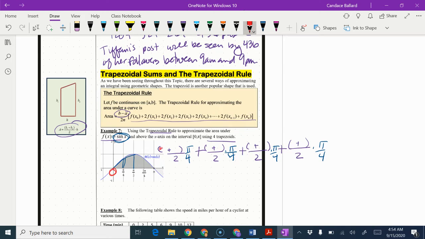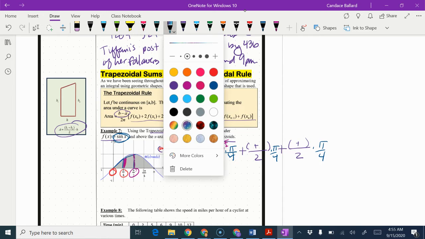So I'm going to have sine of 0. And then I'm going to have sine of pi over 4. And then I'm going to repeat this height on the next trapezoid. So this one gets repeated. So I get sine of pi over 4 times sine of pi over 2. And then I'm going to go to the next trapezoid, and I'm going to repeat this height.